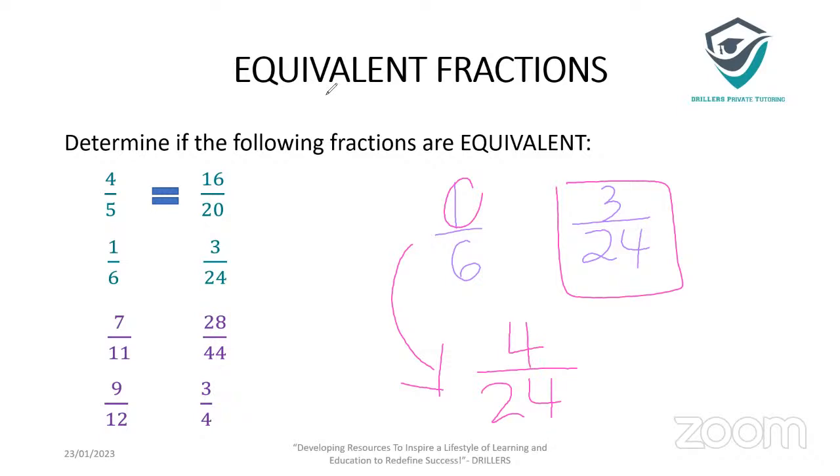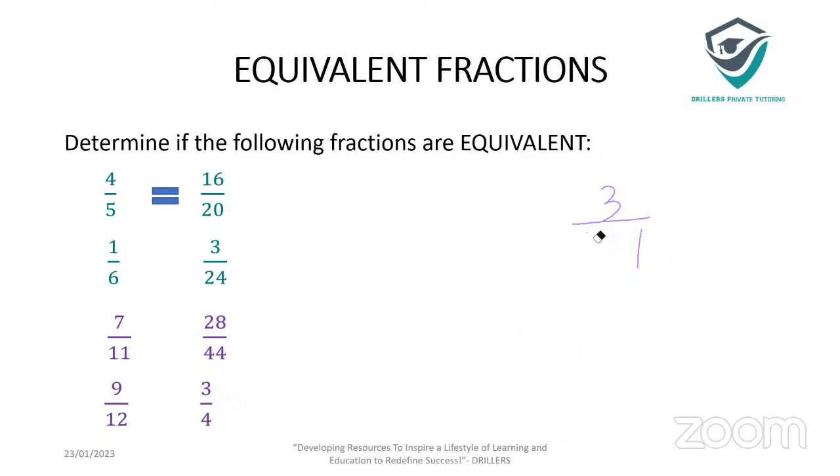If we look at the other fraction that we have, they are not the same. So 1/6 is not equivalent to 3/24. They are not equal, because 1/6 is equal to 4 over 24. So we've done those two using the LCM method. 4/5, we were able to calculate that that is equal to 16 over 24. 1/6, we calculated that that is not equal.